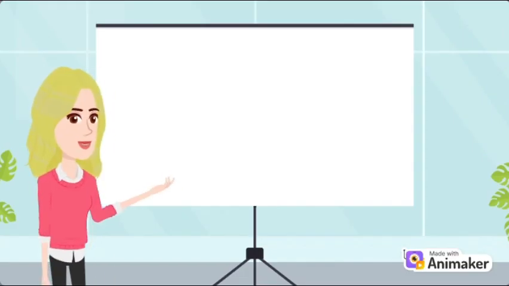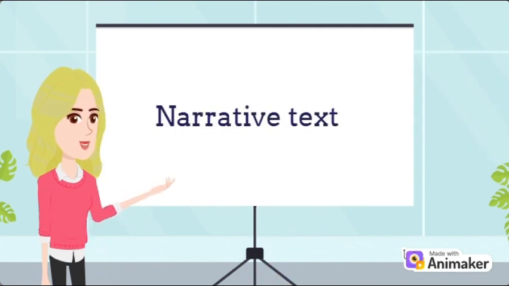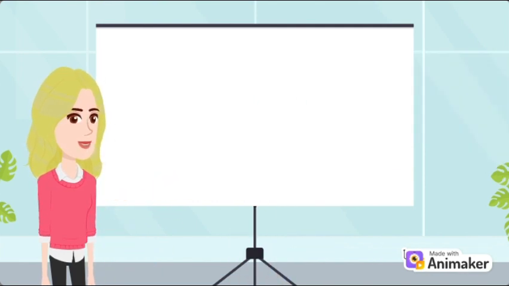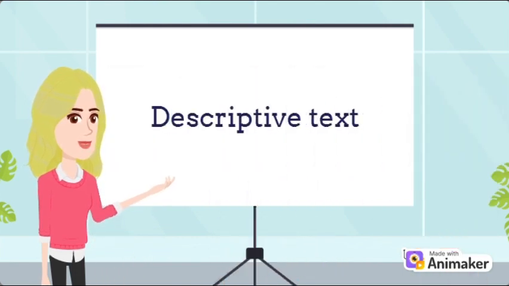The chosen texts for the analysis are "Go Behind the Scenes of Apple's First iPhone Release," which will be analyzed as a narrative text, and the second one is Klimt's Lady with a Fan, the painting that sold for £85.3 million, which will be analyzed as a descriptive text.